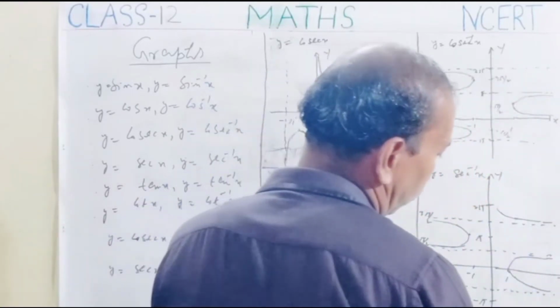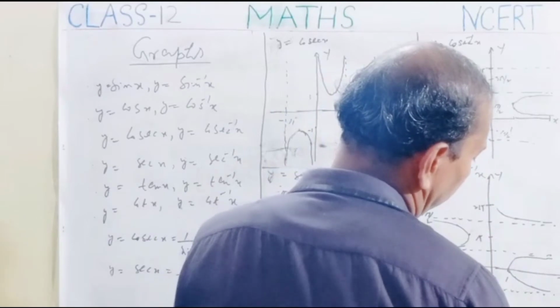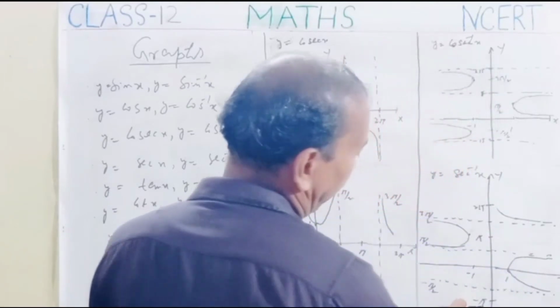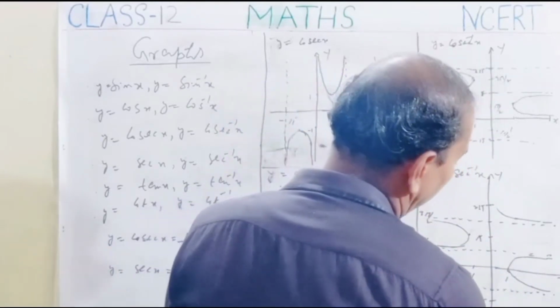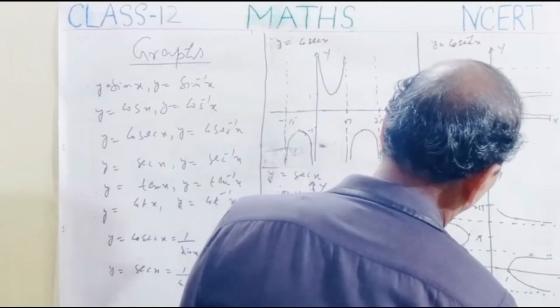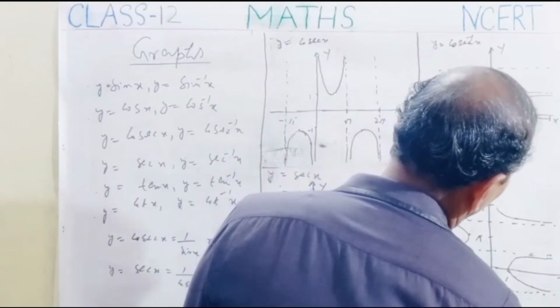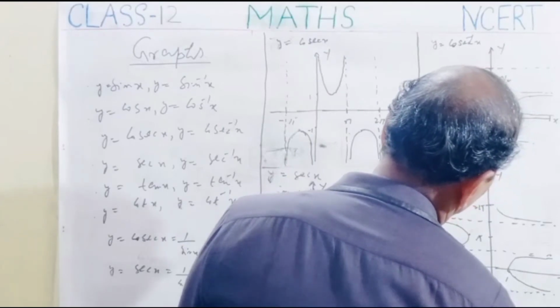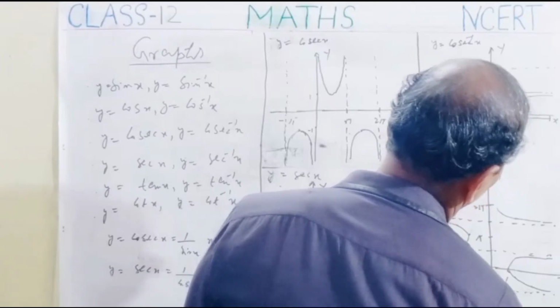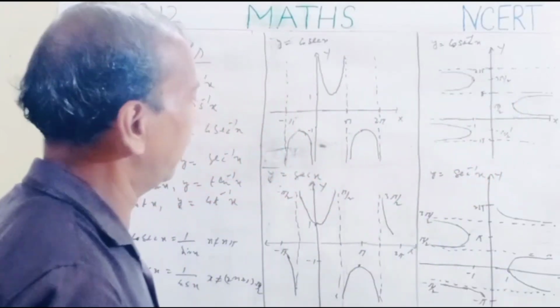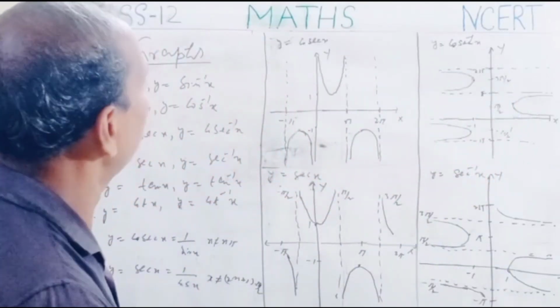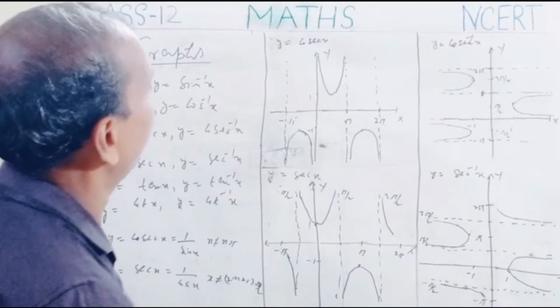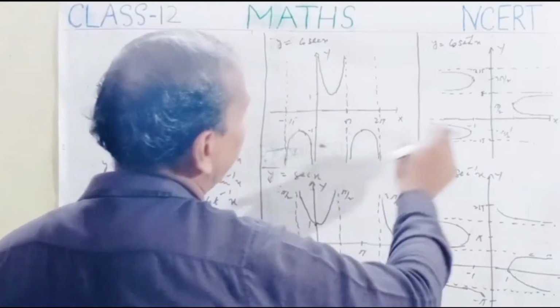Then it is also not defined at minus pi, and not defined at minus pi by 2, so the graph will be something like this. It is meeting at infinity like this. So this is the graph of your cosec and sec and their inverses.